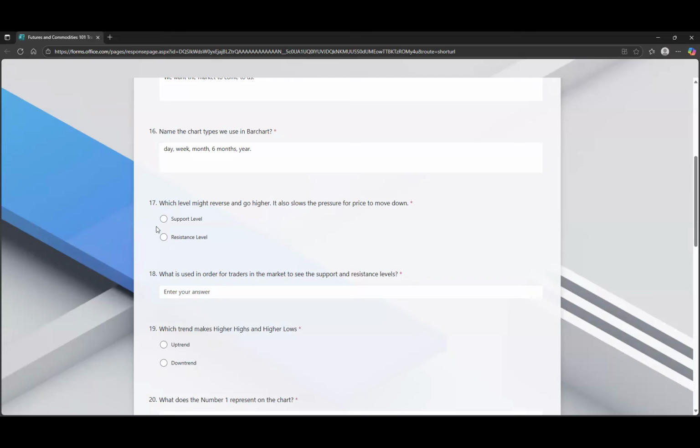Slows the pressure to move. Okay, let's go back to the question that we answered before. Support and resistance, what other words do we use?